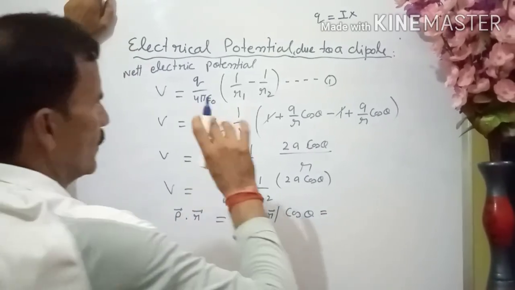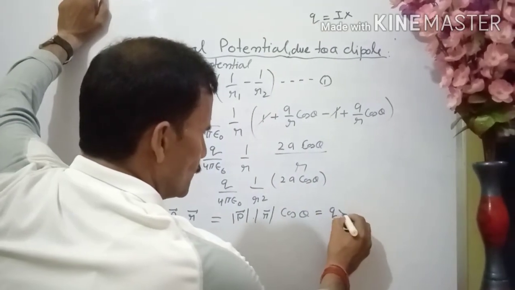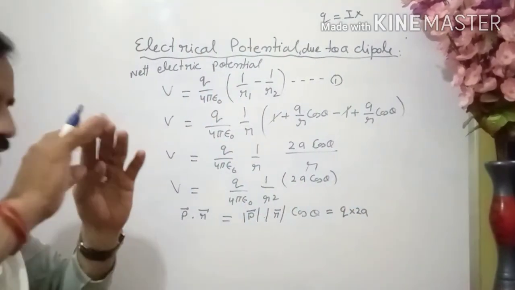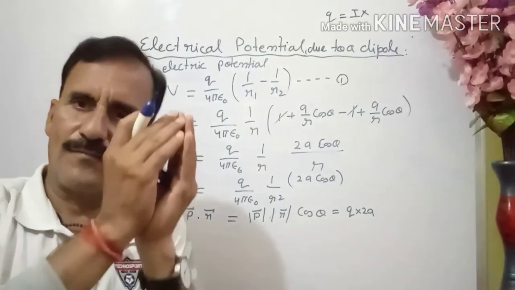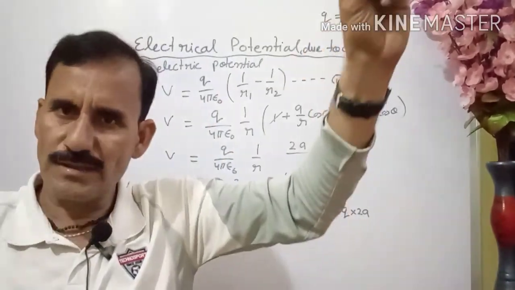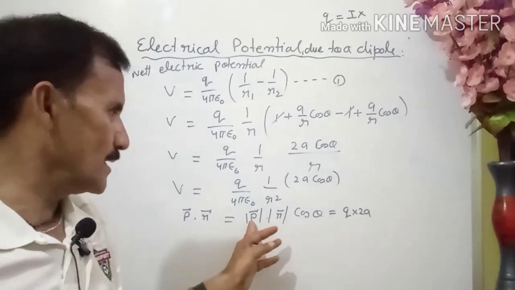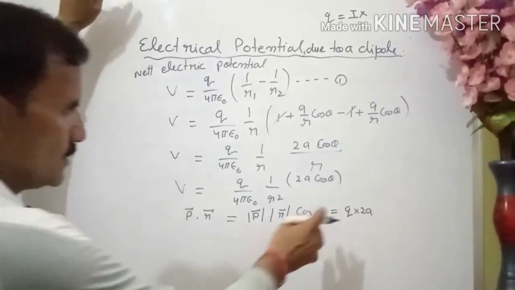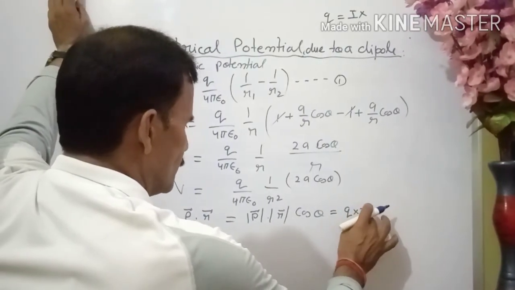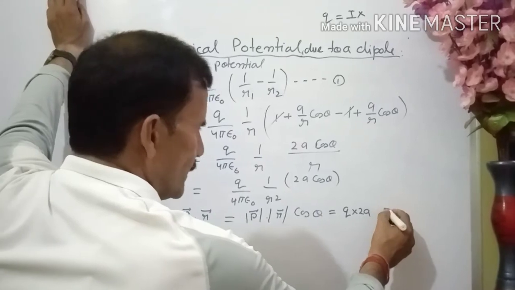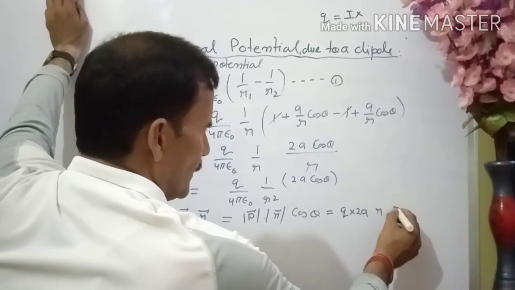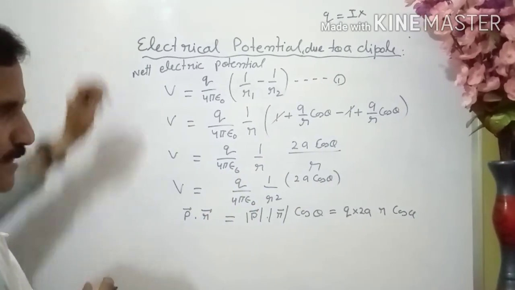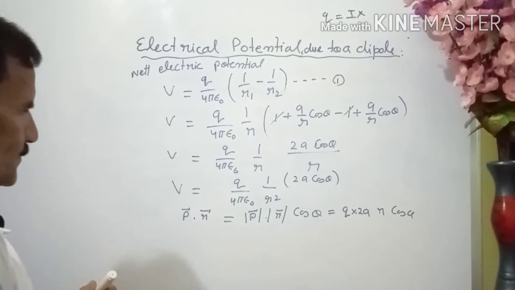P is the product of Q into 2a. This I have already defined. The product of either charge into the distance between them is called the electric dipole moment for an electric dipole. And R is R and cos theta. So this 2aQ can be written as P dot R.